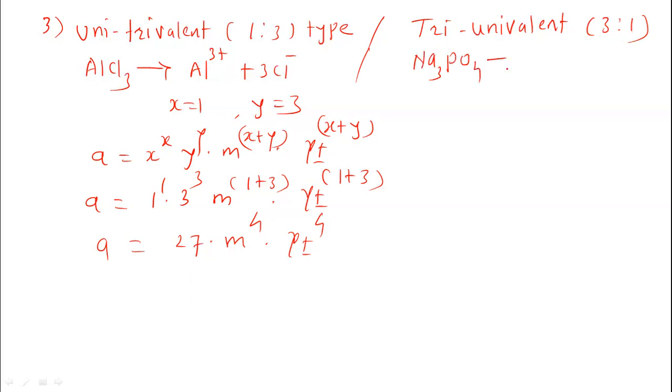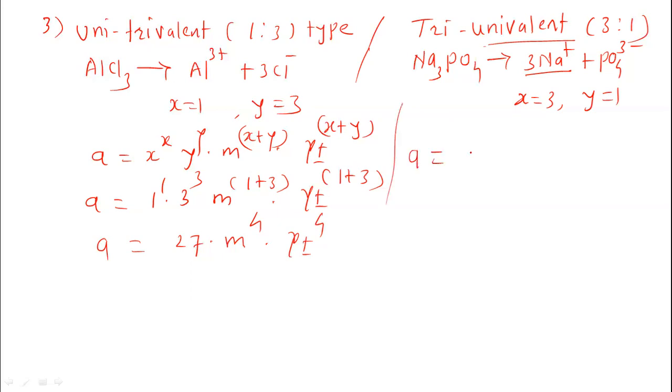It dissociates as 3 sodium ions and PO4 3 minus ion, phosphate ion. So in this case x equal to 3 and y equal to 1. Number of cations is equal to 3 and number of anions is equal to 1. Hence this electrolyte is also called 3 is to 1 type or triunivalent. 3 cations are there but valency of the cation is only 1. It is univalent.